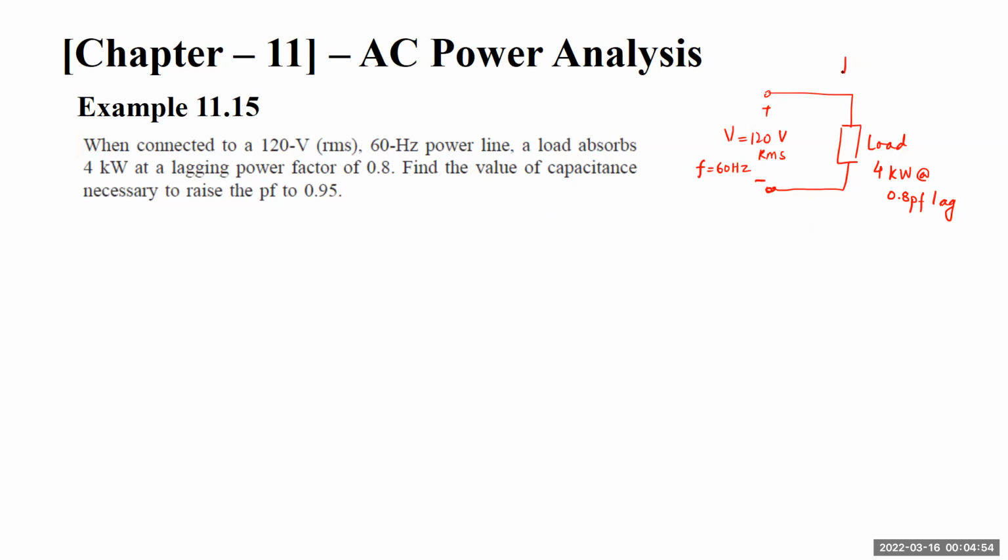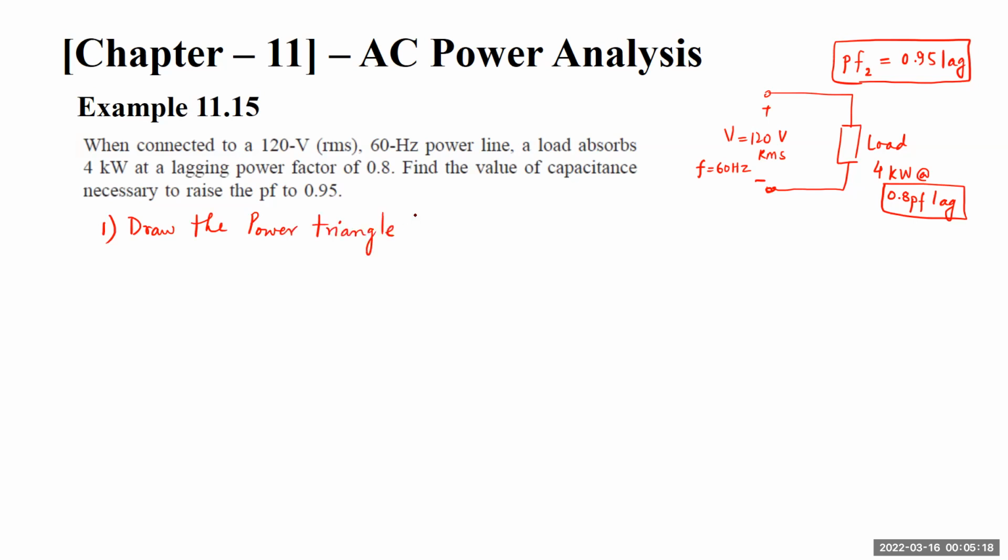So now the power factor 2 that is required is 0.95 lag. This is the power factor that is required, and this is the power factor that we actually have. So let's first draw the power triangle in this case.